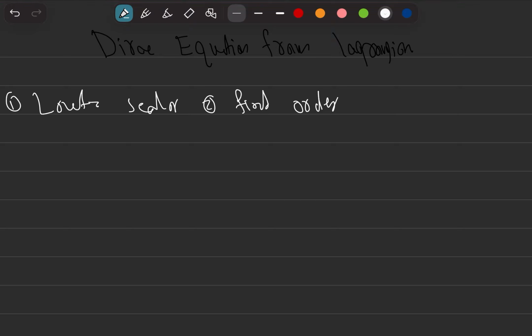Okay, so these are our requirements, and just keep in mind that now we have psi, which is a complex 4-component object, which means that it has 8 independent real degrees of freedom, right?